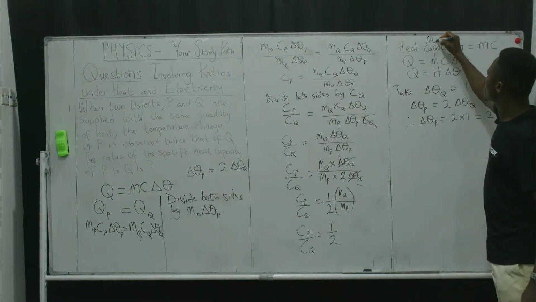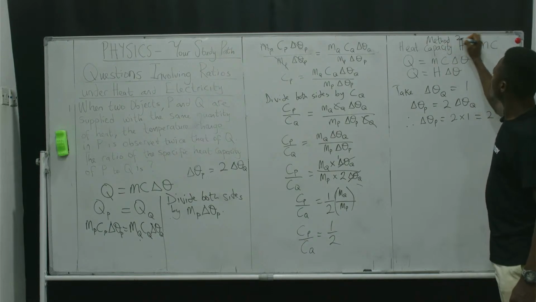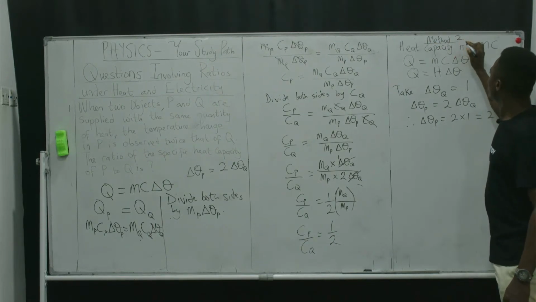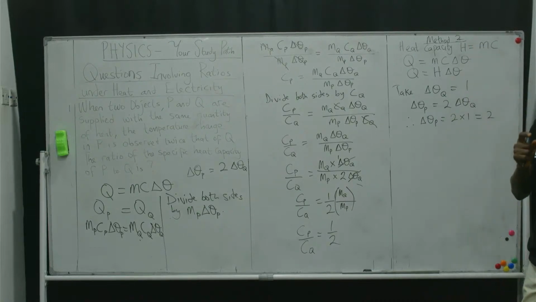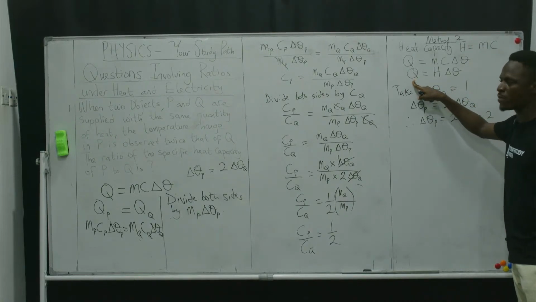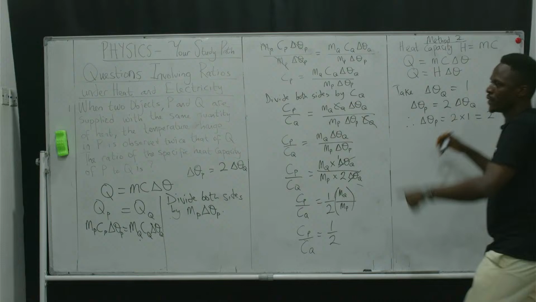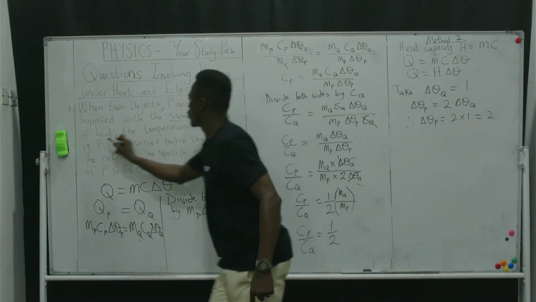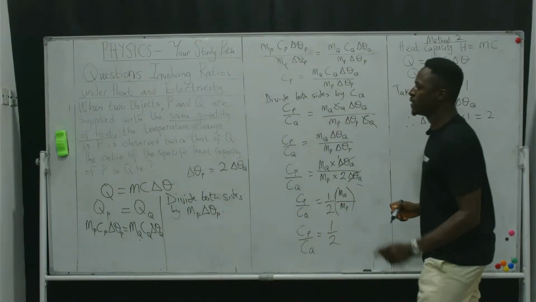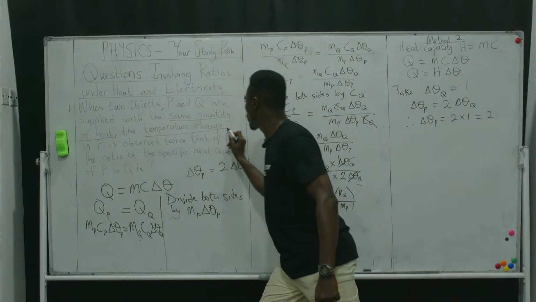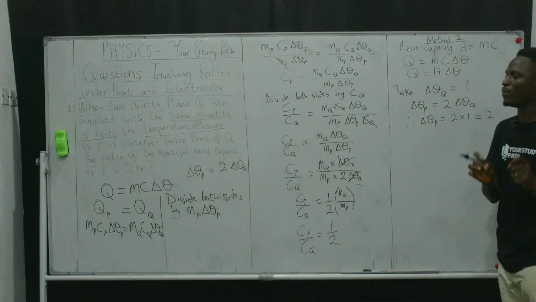So this is method 2, a faster approach. All I'll be considering is the quantity of heat mentioned, which they said is the same, and the change in temperature. These two are the key parameters we are using.